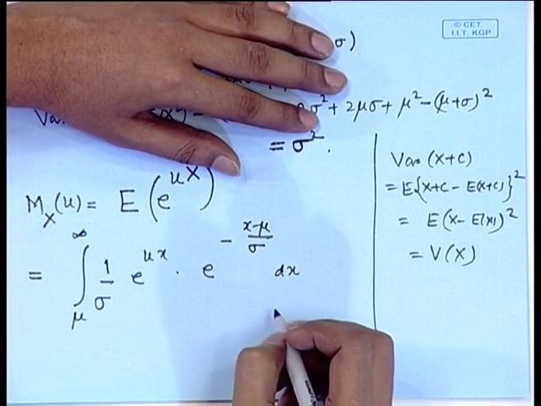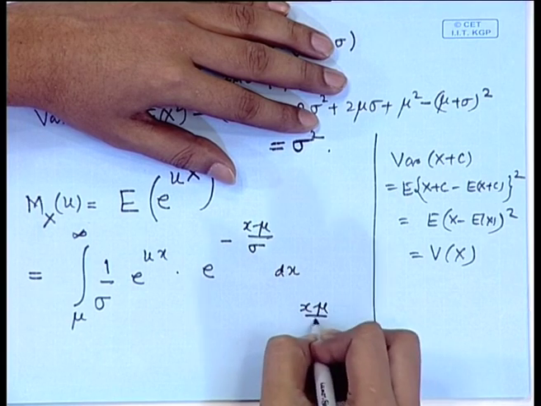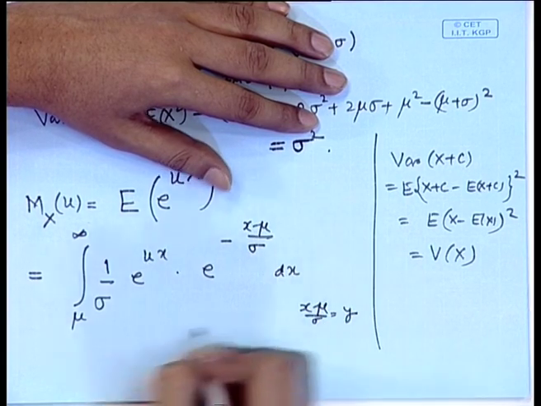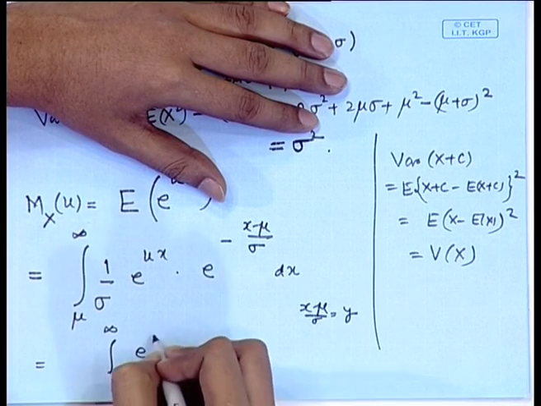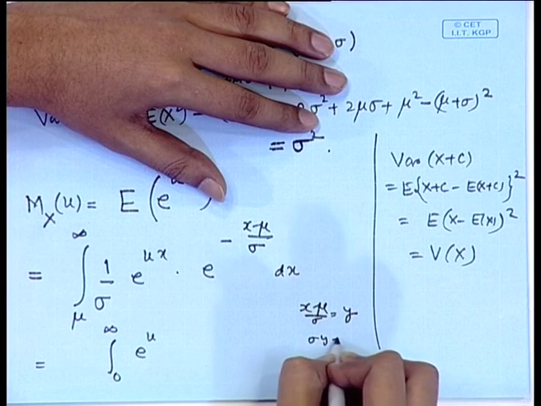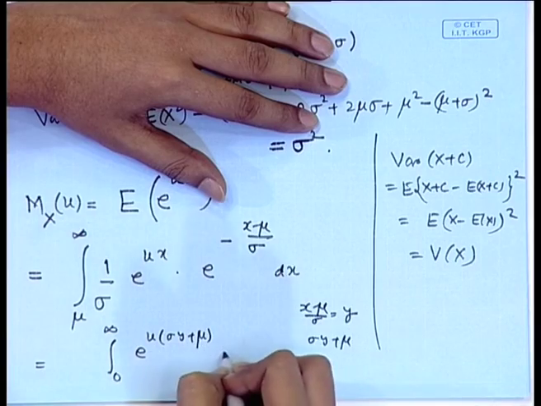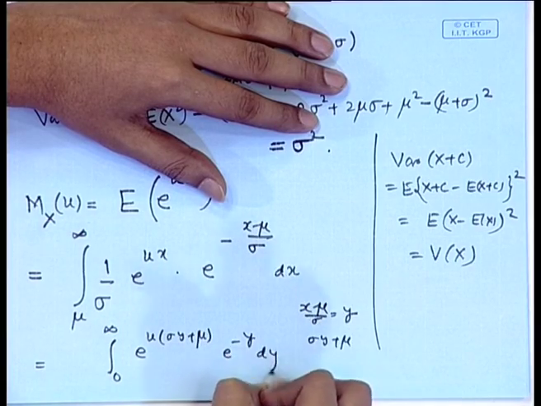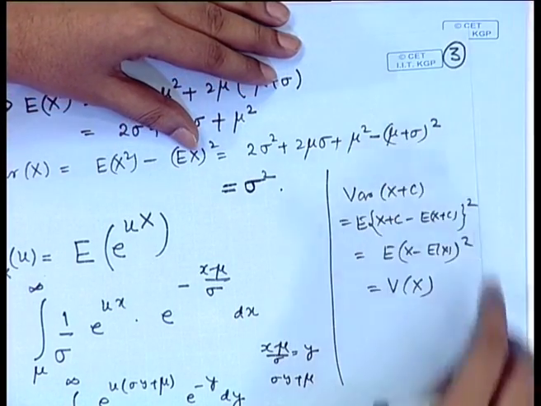So, we can consider here (x minus mu) by sigma is equal to y, the transformation that we made here. So, it is becoming integral from 0 to infinity e to the power u, and x becomes sigma y plus mu, e to the power minus y dy. So, this can be simplified.